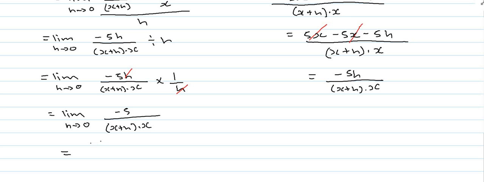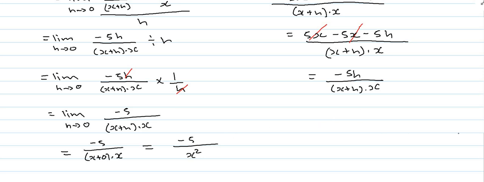This becomes negative 5 over x plus 0 multiplied by x, which becomes negative 5 over x multiplied by x is x squared. X multiplied by 0 is 0. Therefore, the derivative from the first principle, this becomes negative 5 over x squared.